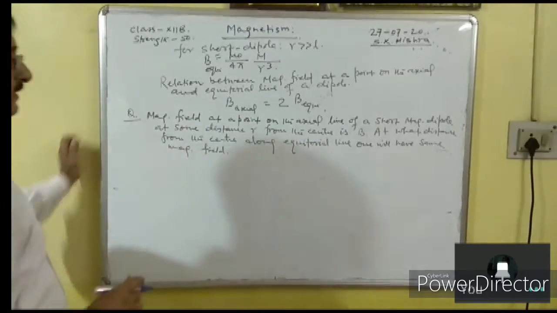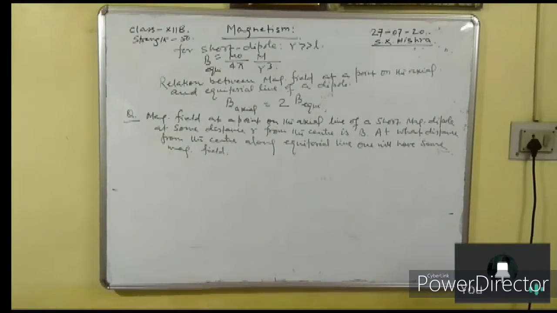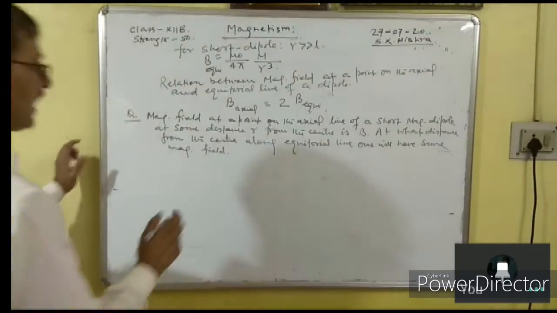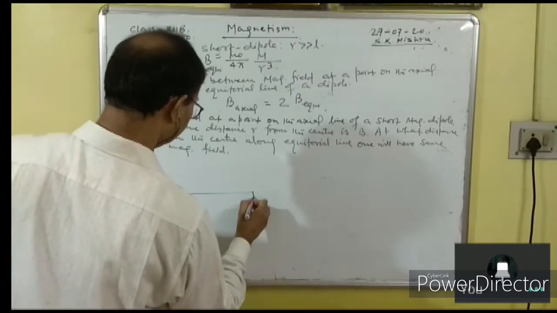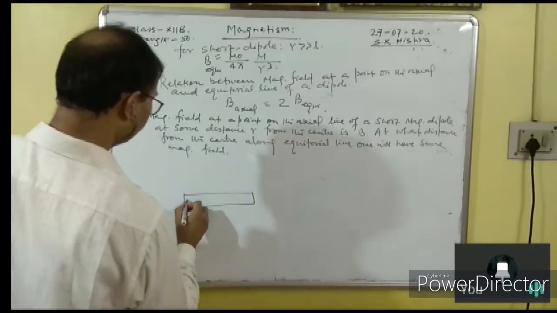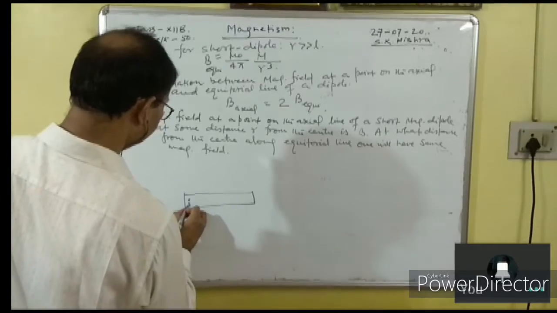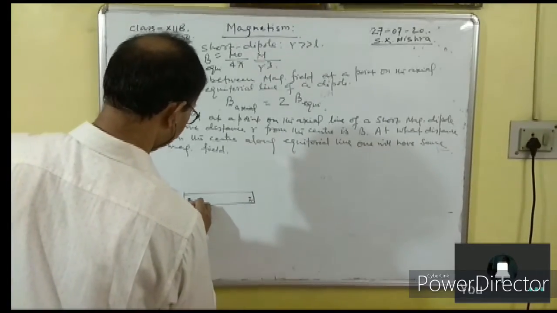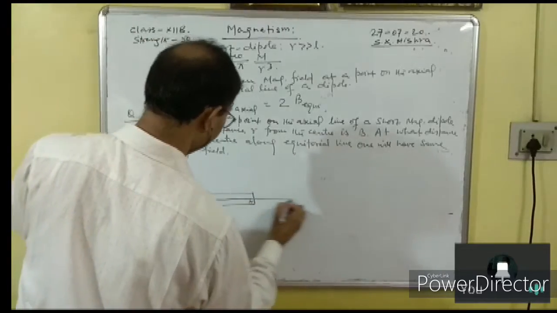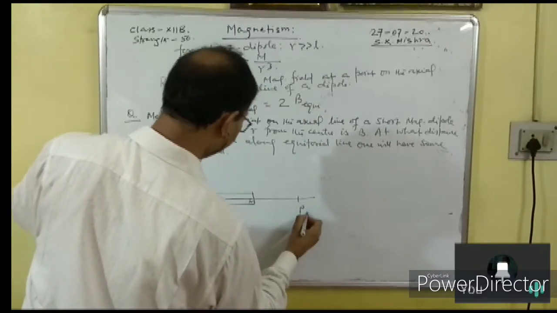Then for a short dipole. In a short dipole again R is much greater than L. So now we are ignoring L square here.